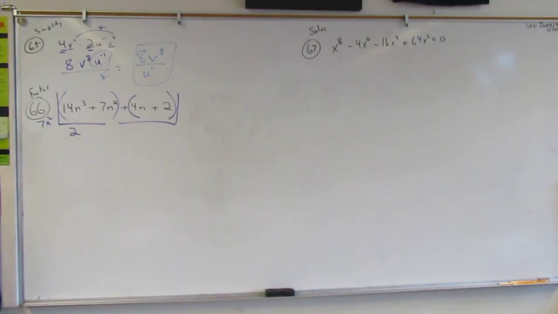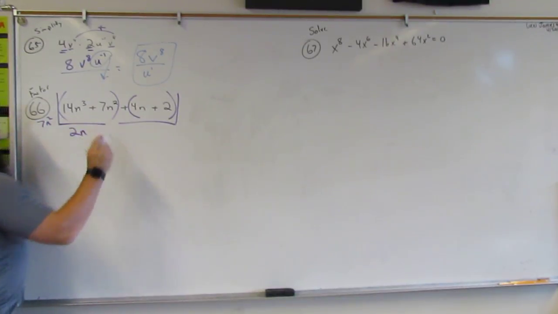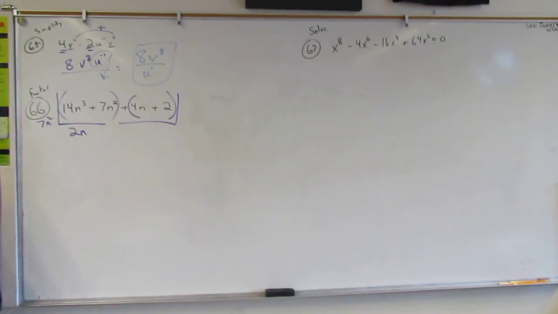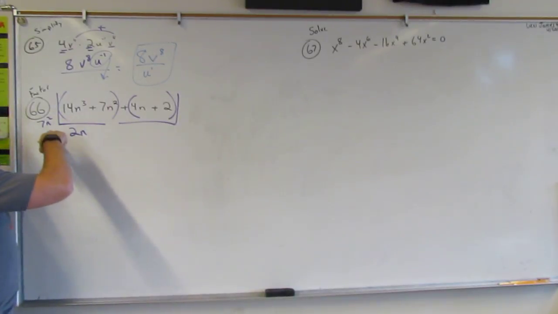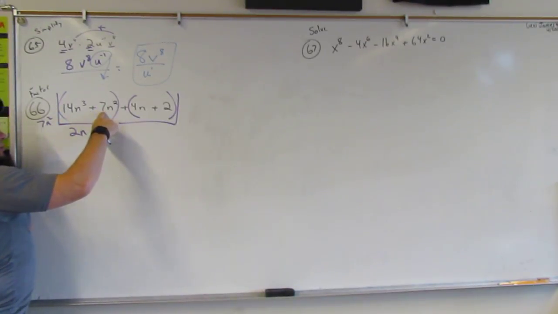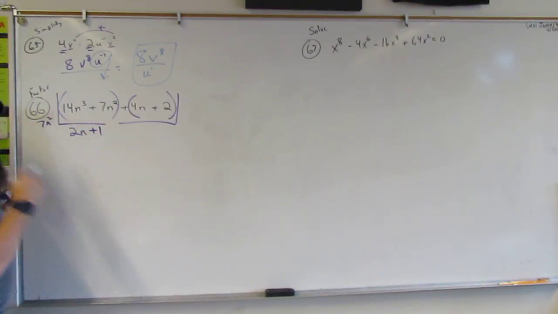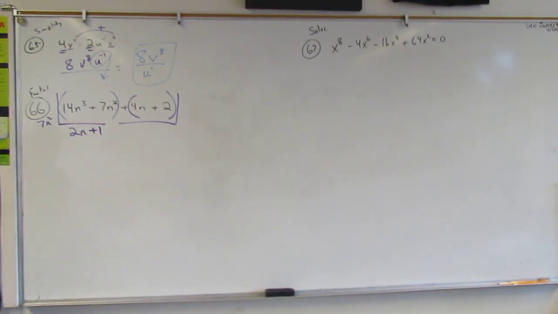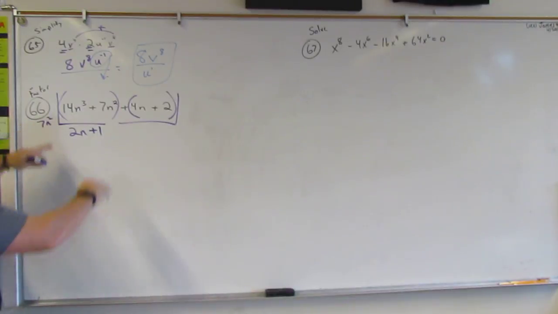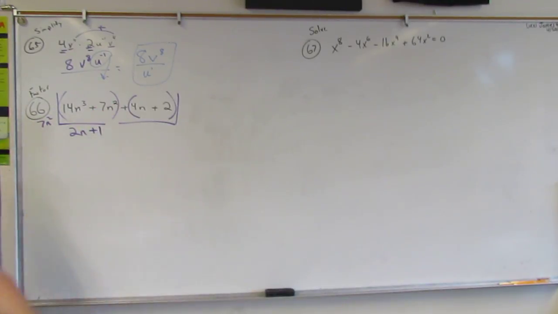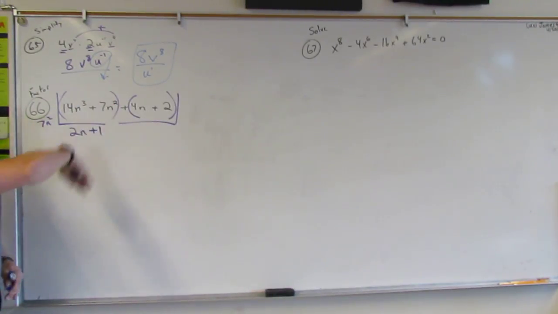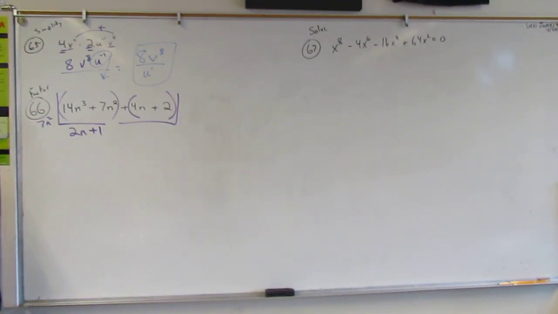I said it backwards. Okay? So we got 1 left, right? And then the same thing here. How many times does 7 go into 7? Once. That's why there's still a 1 there, right? And if I take 2 away from 2, I get 0, so we don't need any n's. Does that make sense? Yeah.